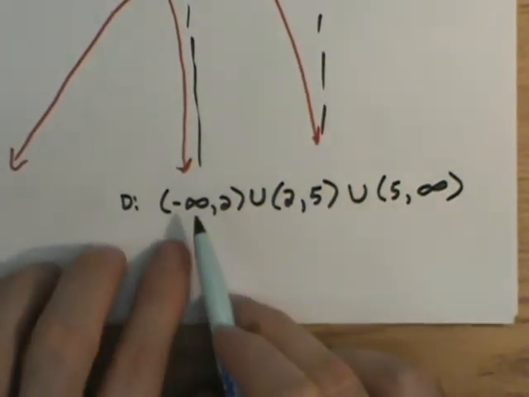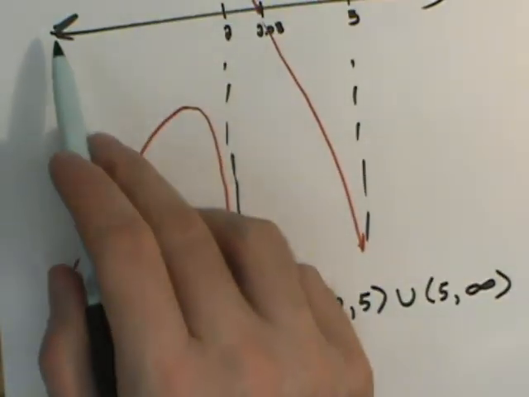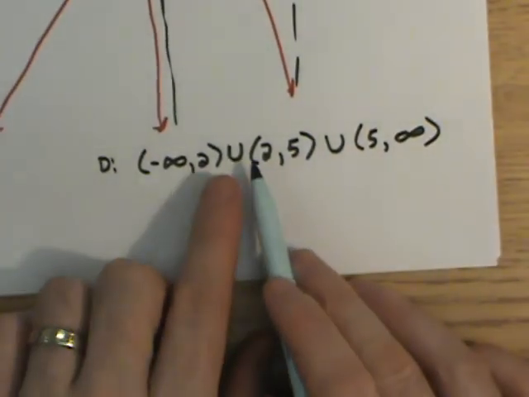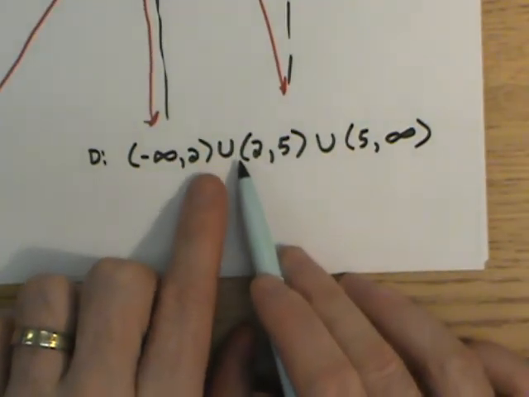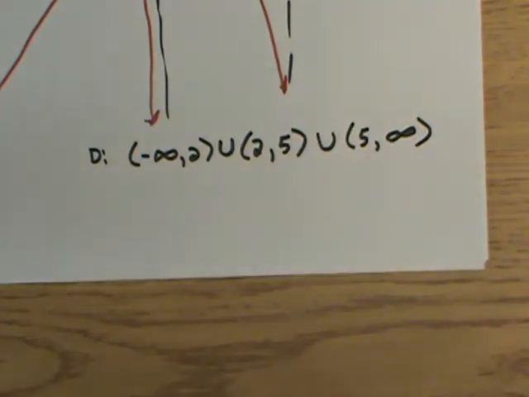So here's one where we had the interval notation where there's 3 distinct sections. There's this section, there's this section, there's this section, and I allowed for me not to be able to have 2 and not to have 5. So that's why we used our parentheses there.